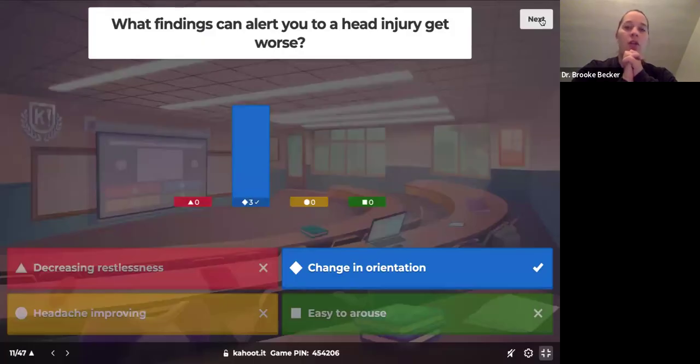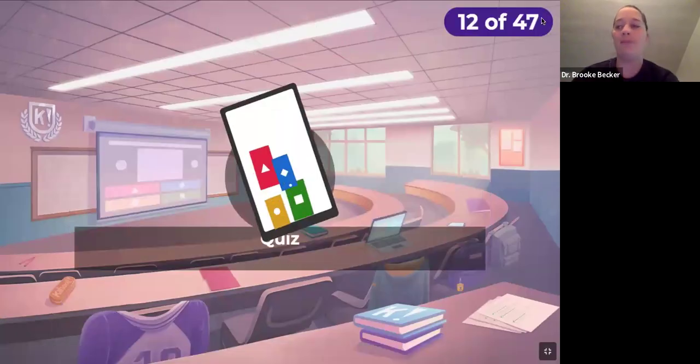If you're monitoring somebody with a head injury and they were talking to you earlier and maybe not everything made sense, but you could understand most of it, and then they're not talking to you at all and not responding to anything but a sternal rub, that would very much tell you that a head injury is getting worse.